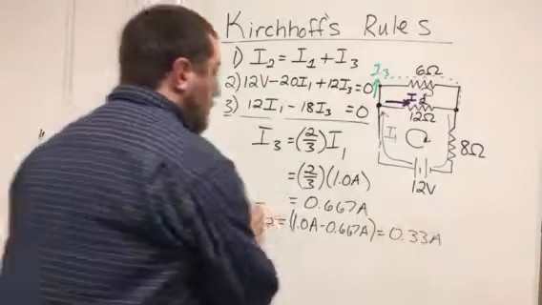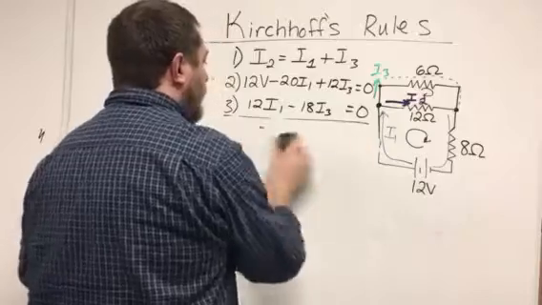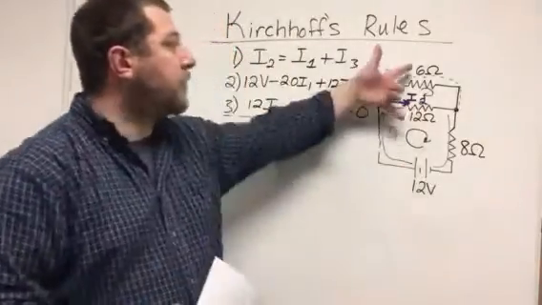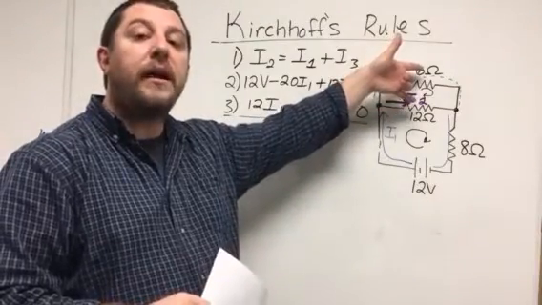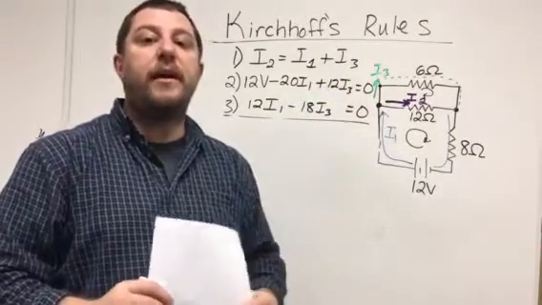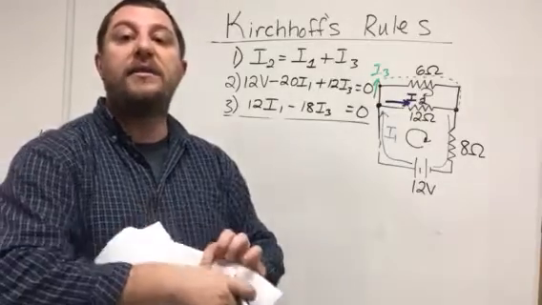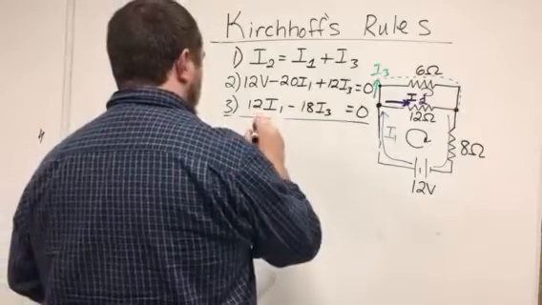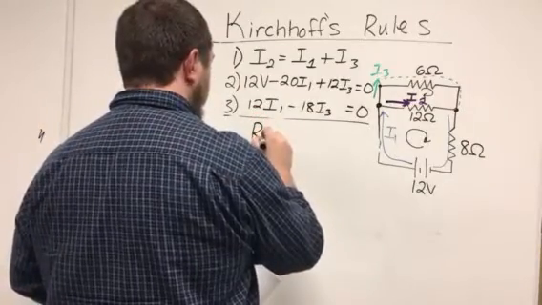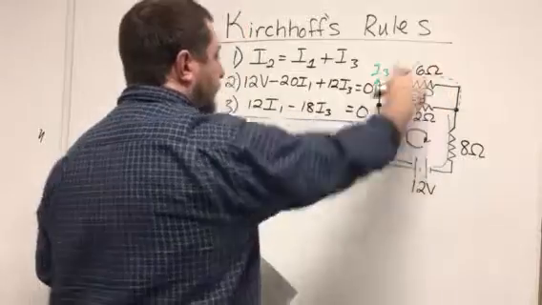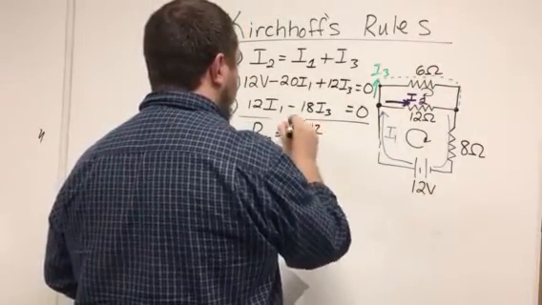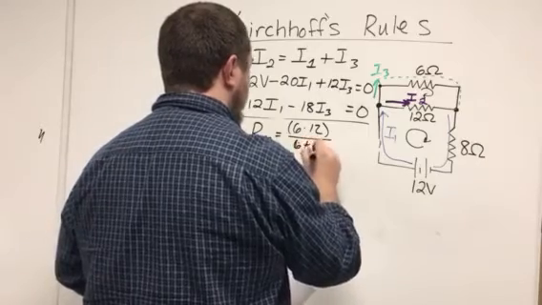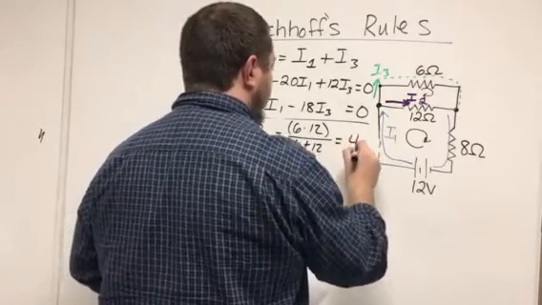All right. So if we wanted to use series and parallel rules, what we could do is combine these two in parallel, and what you would find is that if I combine 2 resistors of 6 and 12 ohms in parallel, then the R equivalent for that would be 6 times 12 divided by 6 plus 12, and that turns out to be 4.